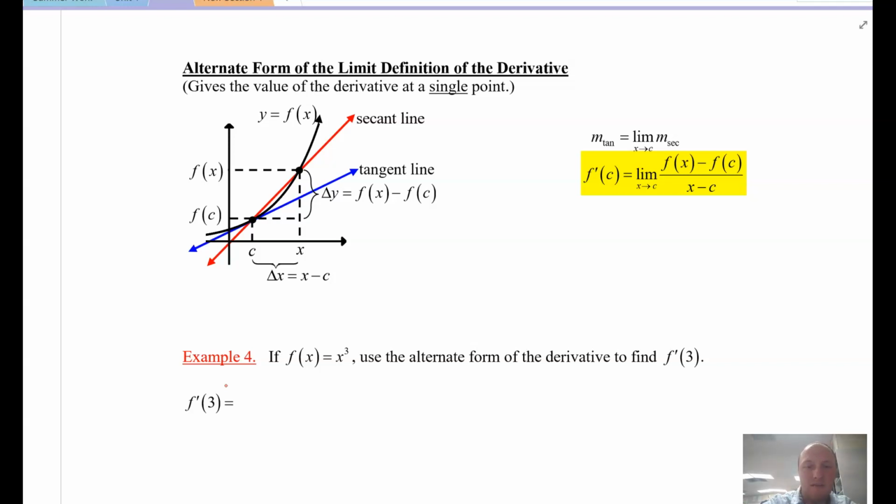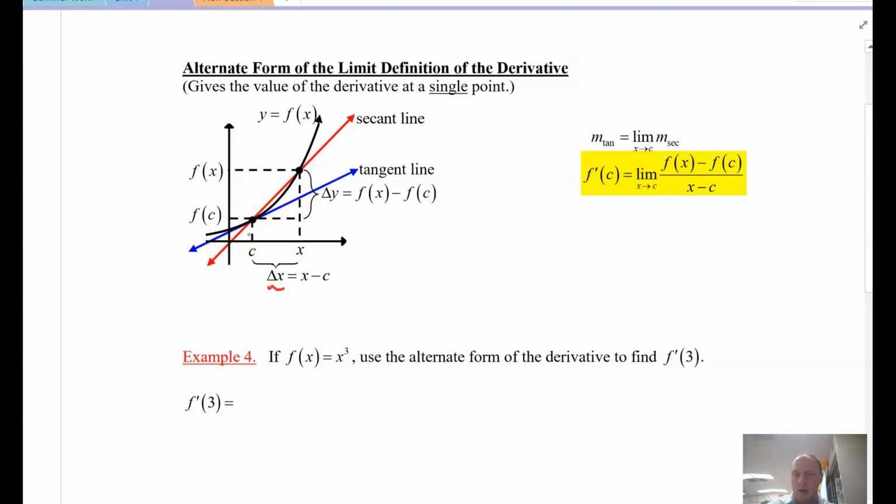Here we have delta x, and it's essentially the same thing that we looked at before, where I have a value of c and I want to take the difference between x and c. Then your delta y value is the difference between the function outputs f of x and your f of c value.